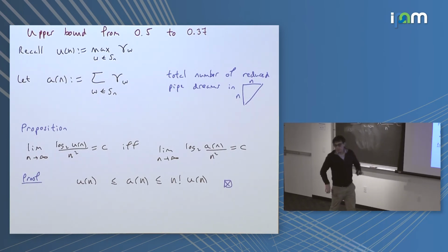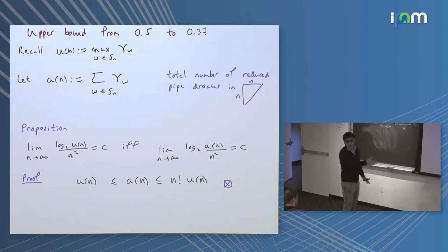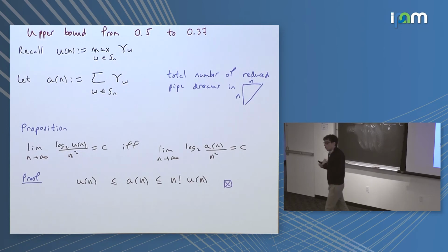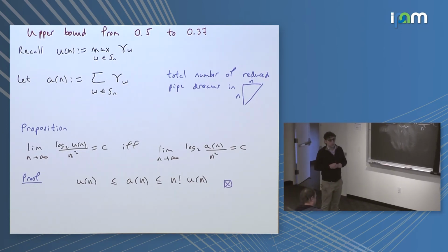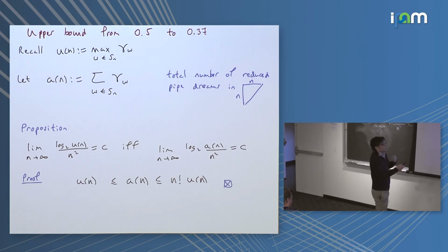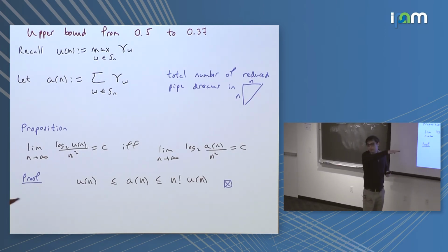So u_n is the maximum value of the principal specialization over all permutations. Instead, we could look at the sum over all the principal evaluations of all permutations of size n. So this is just the total number of reduced pipe dreams, where we don't care what permutation we have on top.